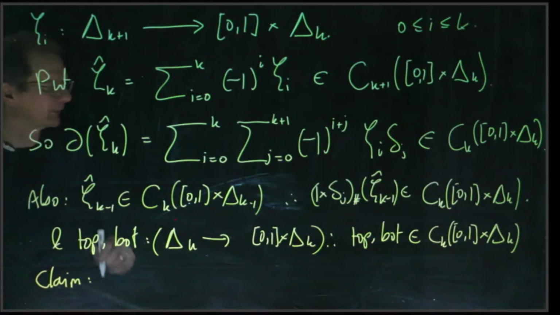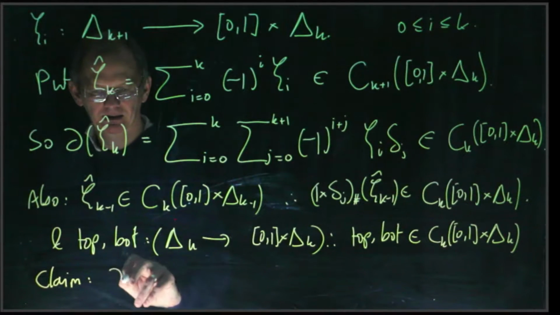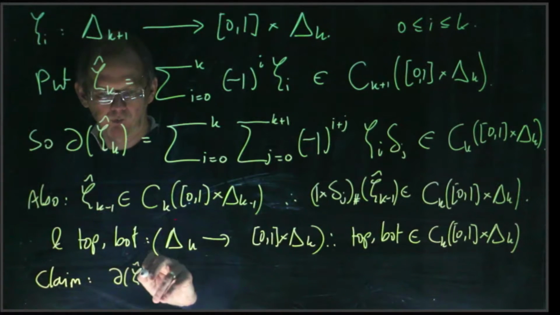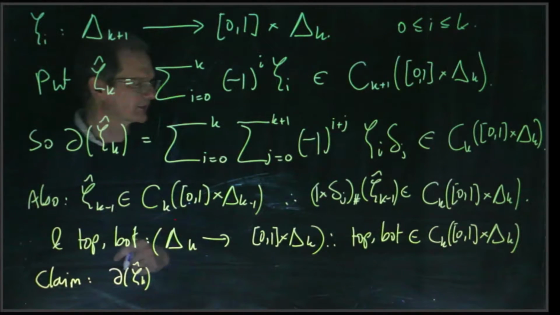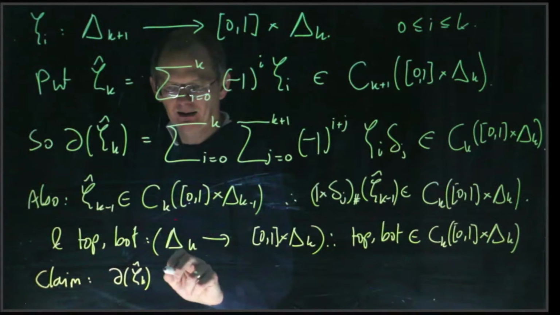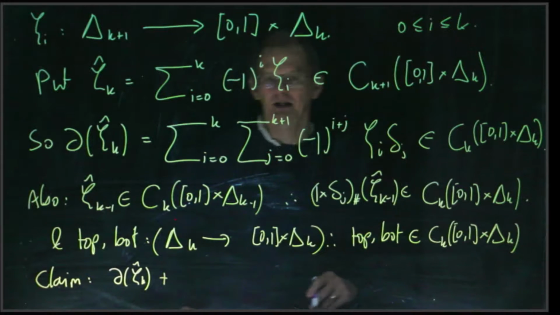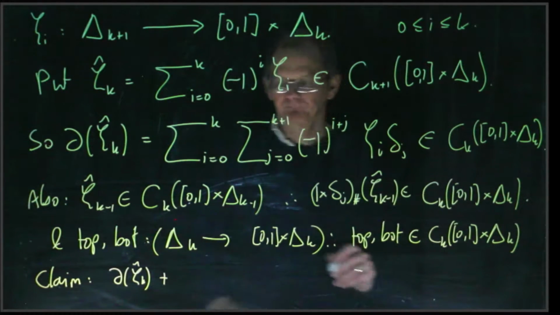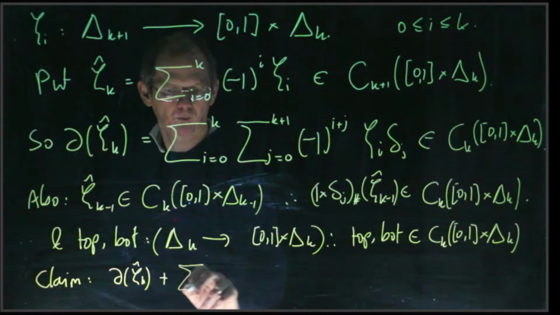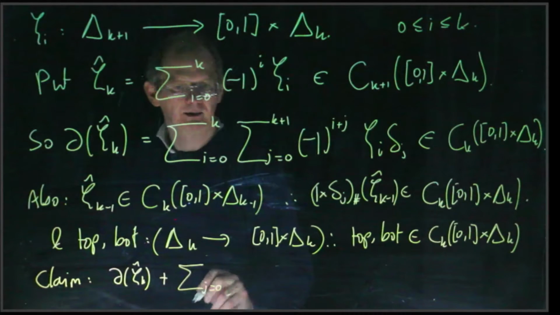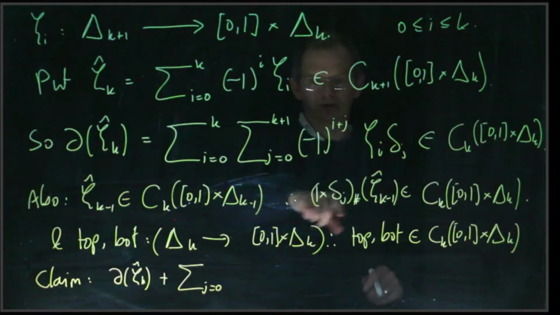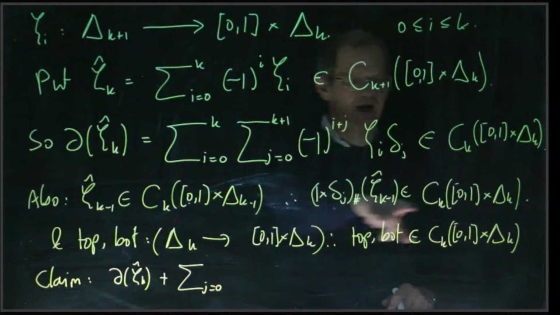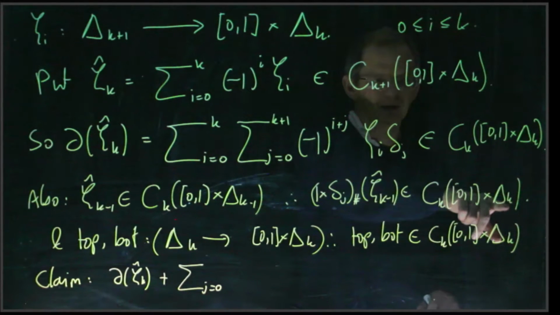So the key claim that we need to make is that if we take the boundary of the zeta hat k, and then add in this bunch of terms like this, remember, this was a delta j mapping into capital delta k.